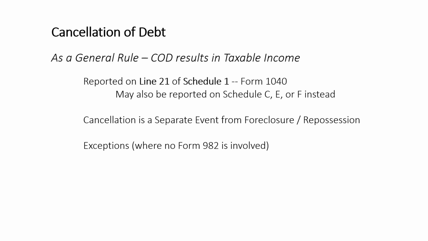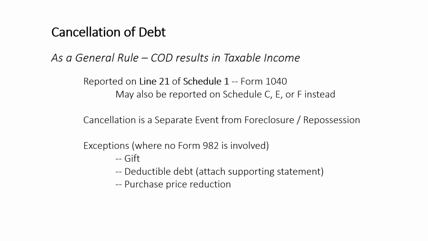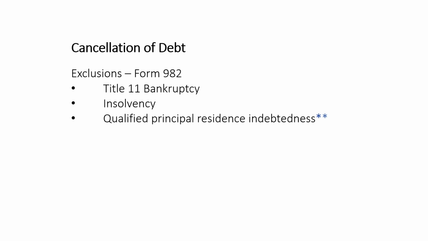There are exceptions where no Form 982 is involved: a gift, a deductible debt, we'd have to attach a supporting statement, purchase price reduction, and non-recourse debt, and some student loan forgiveness programs. Now there are some exclusions to reporting cancellation of debt income found on Form 982: Title 11 bankruptcy, insolvency, qualified principal residence indebtedness.